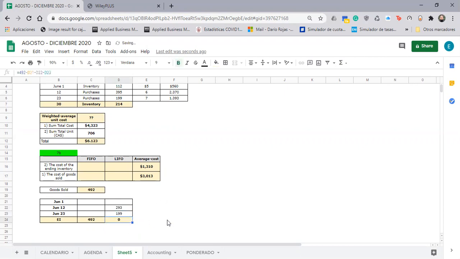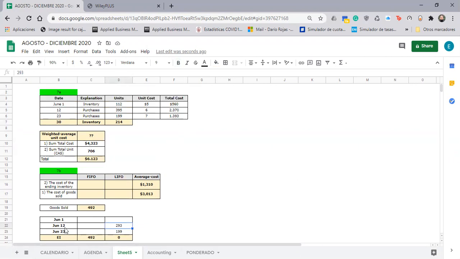So we see that we match it and we have a balance with the ending inventory. The next step is to find the cost of goods sold. So we need to multiply this amount of units with its corresponding unit cost. In this case, on June 12th, the purchase cost $6 per unit, and on June 23rd, the purchases cost $7 per unit. So we need to multiply it and then sum those results.